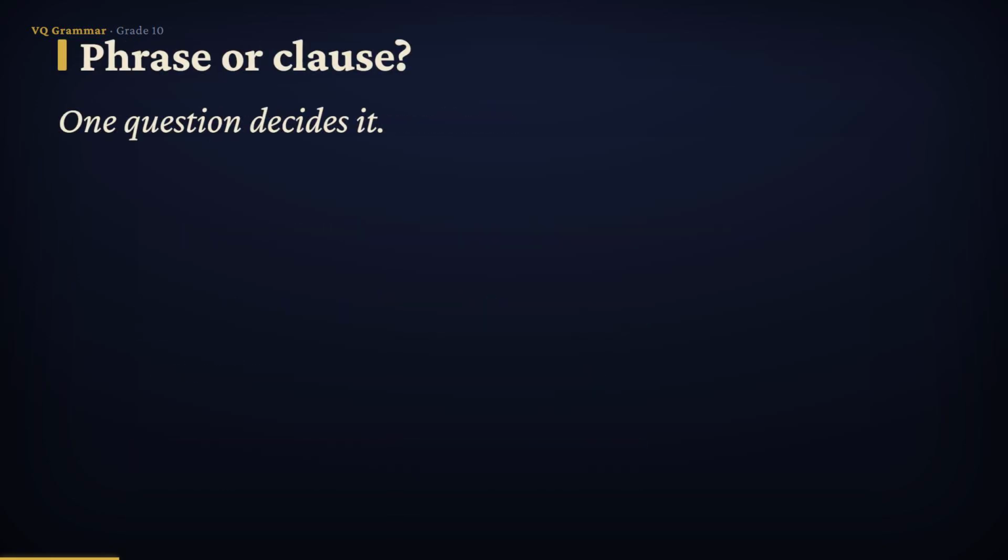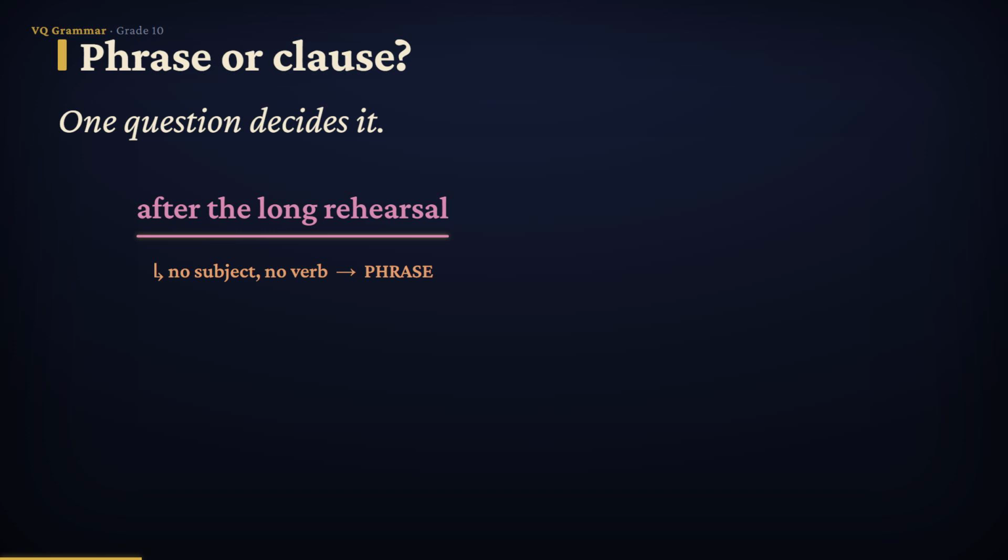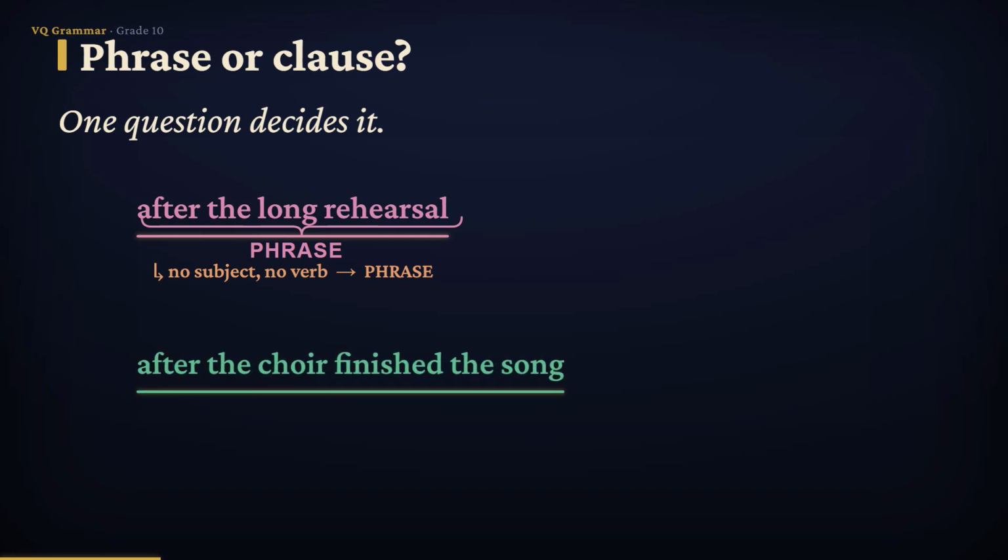Let's set a phrase and a clause side by side, because this is exactly where people slip. Read the first one. After the long rehearsal. Is anybody doing anything in there? No. There's no subject and no verb. Just a little preposition, an adjective, and a noun. That group of words is a phrase. Now read the second one. After the choir finished the song.